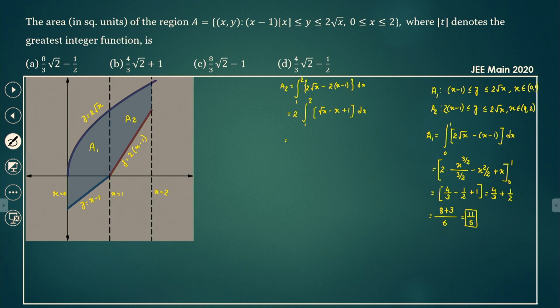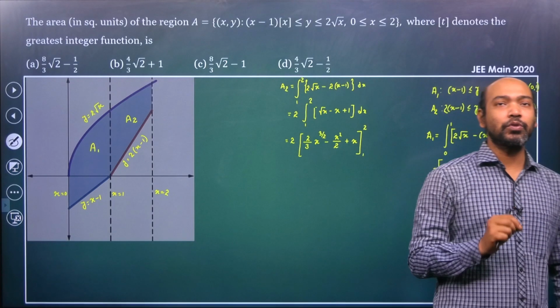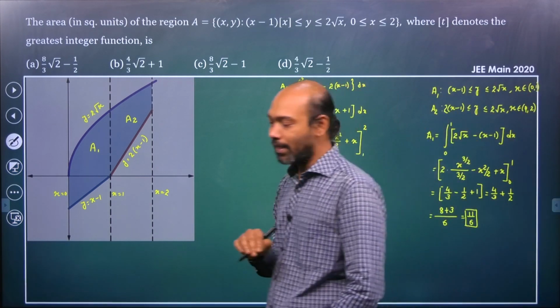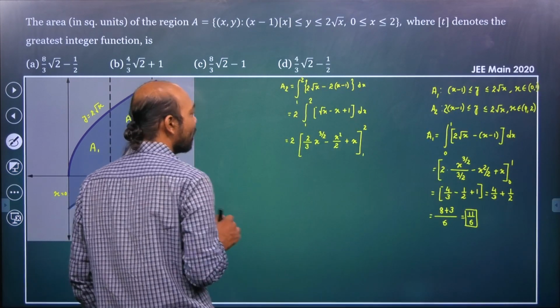Integrating, we get 2 times [2 by 3 x to the power 3 by 2 minus x squared divided by 2 plus x] from 1 to 2. Now our job is to substitute the appropriate values.